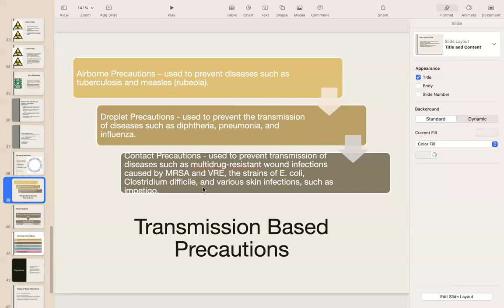Then we have contact precautions. This is used to prevent transmission of diseases such as multi-drug resistant wound infections caused by MRSA, VRE, and strains of E. coli, C. diff, and various other skin infections.